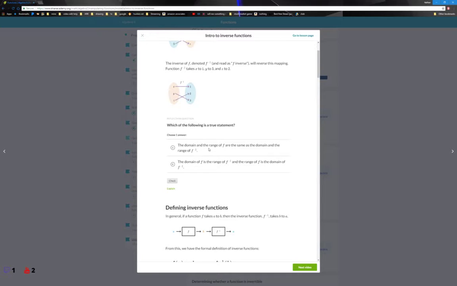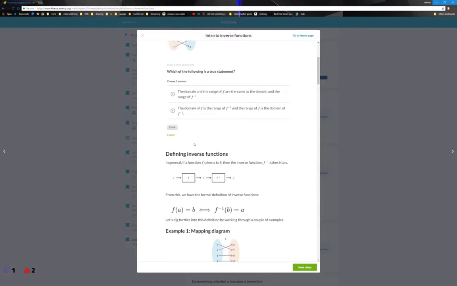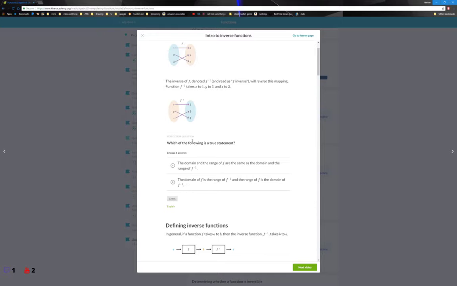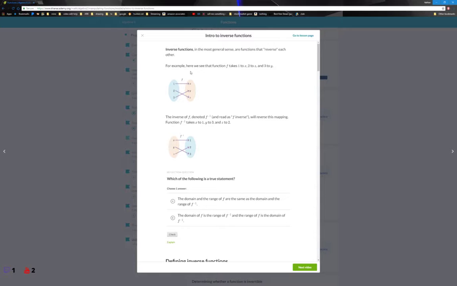Well, if the domain and the range are the same for f and f inverse, they'd be the same equations. So that couldn't be it because they are the inverse of each other.